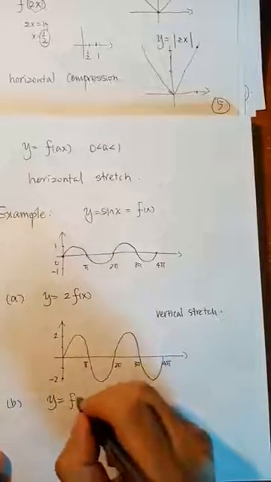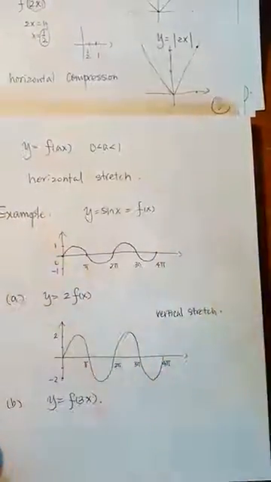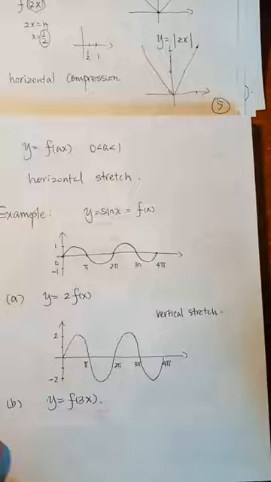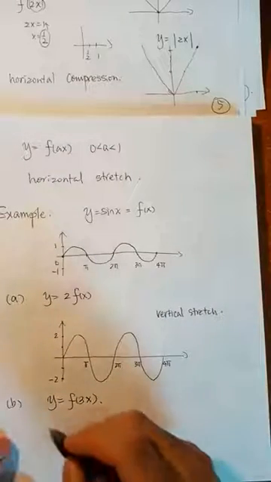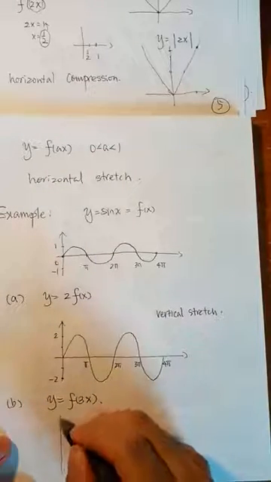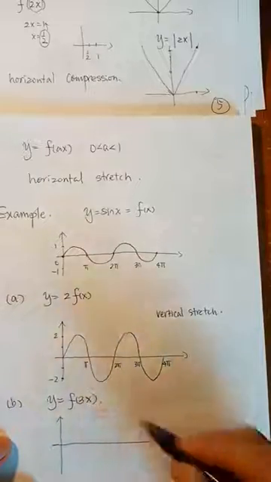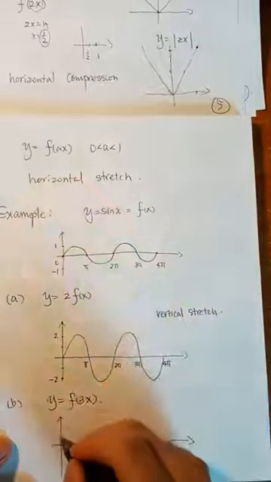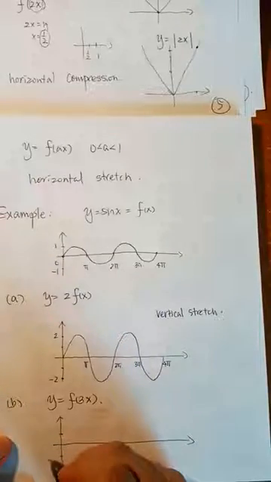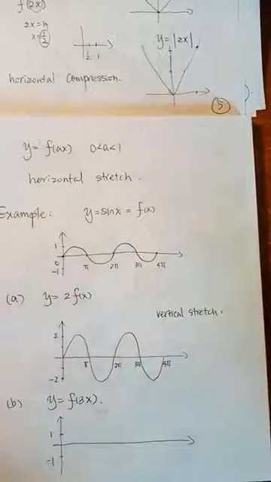Second, if we want the graph of y equal to f(3x), what do we have? First, the y coordinate does not change, so the range is still between 1 and negative 1.